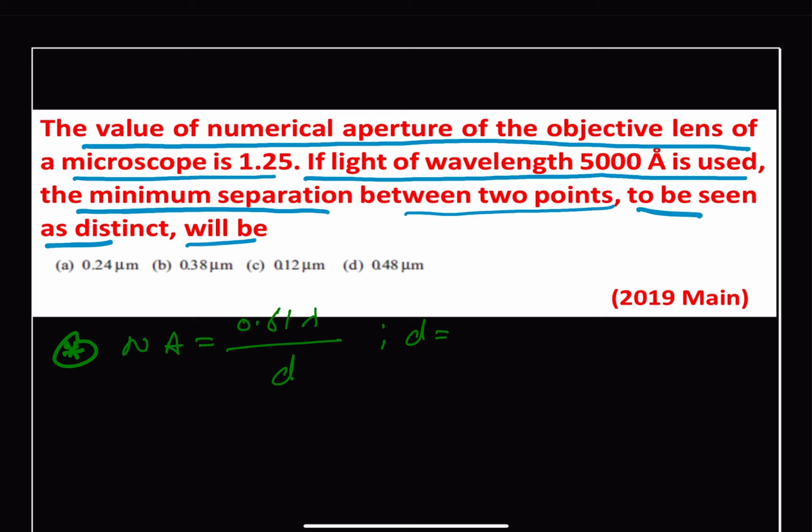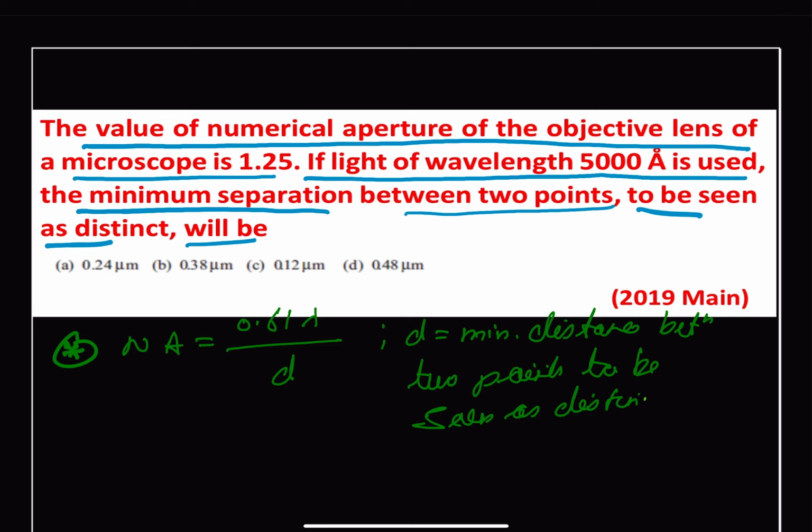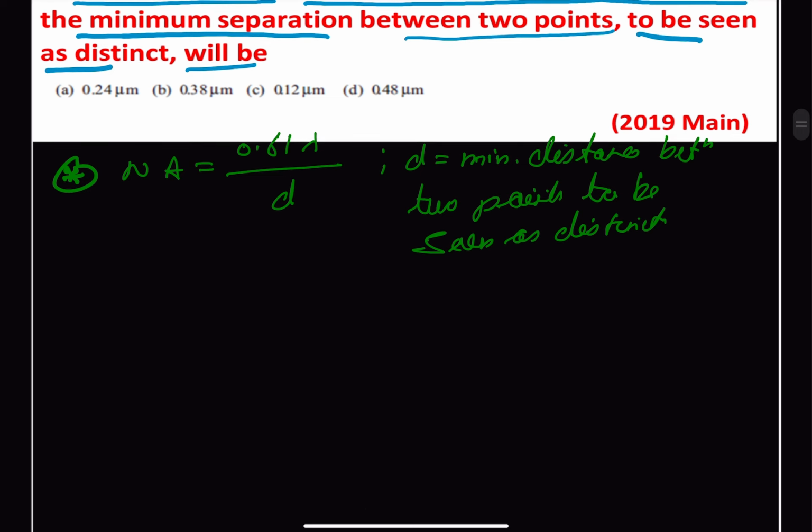So this d is our minimum distance between 2 points to be seen as distinct. So we can just modify it.